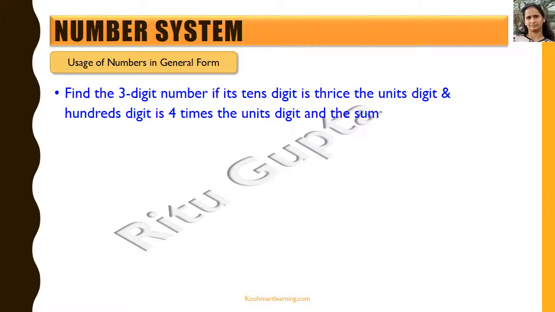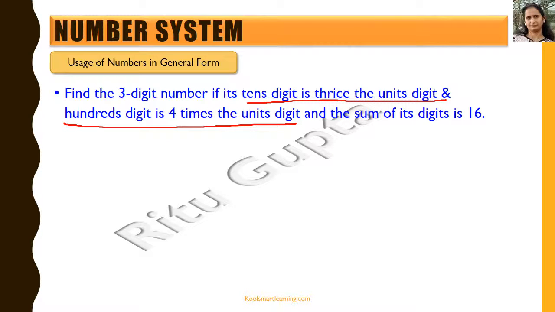For example, we have to find a 3-digit number if its tens digit is thrice the units digit, the hundreds digit is 4 times the units digit, and the sum of its digits is 16. So let's take the number as ABC. We have to find ABC such that A plus B plus C is 16.